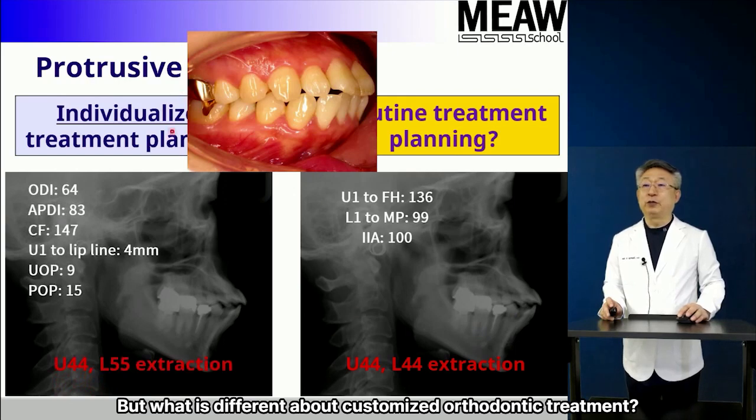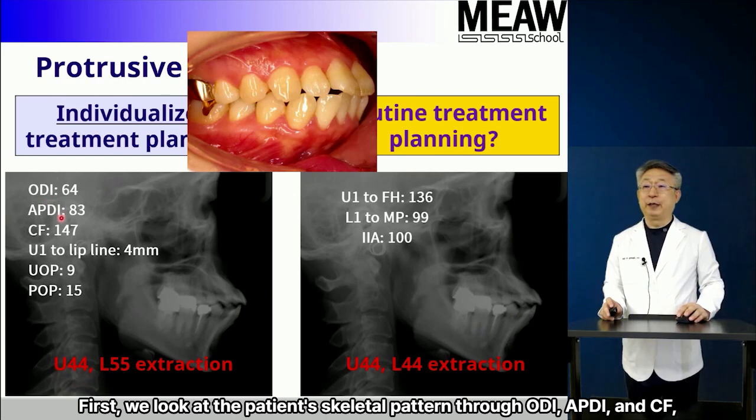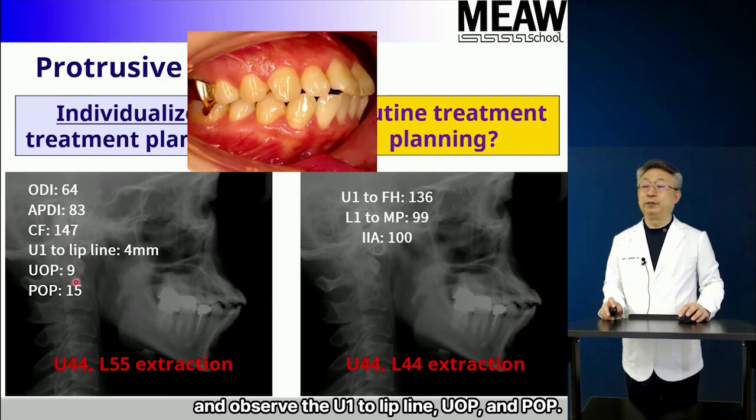But what is different about customized orthodontic treatment? First, we look at the patient's skeletal pattern through ODI, APDI, and CF, and observe the smile to lip line, UOP, and POP.